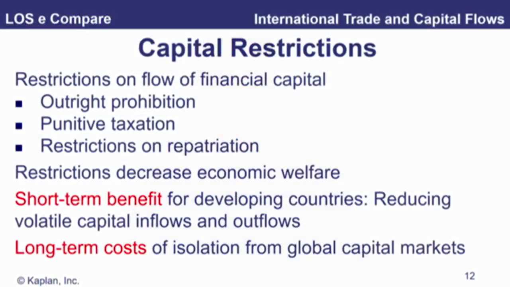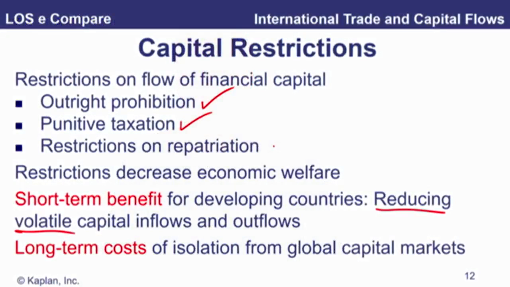This is dry. Reasons for capital restrictions. So why do we bother doing this? Why do we either just stop financial capital coming into our country, make it ridiculously not worth your while with huge taxation at the border, or stop you taking it out again? Well, reasons why we're doing it, to try usually to reduce short-term volatility.